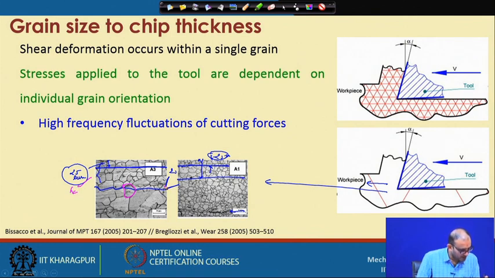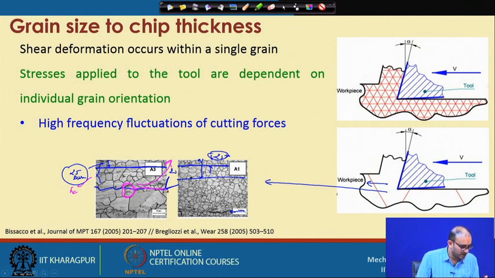So now when your tool is moving in this direction, it is finding the grain boundary. As soon as it initiates the crack or initiates the shearing, at that time this whole thing will move very easily. But as soon as it encounters this particular grain, now this whole grain is coming into the picture, and because of that you have to cut the grain.